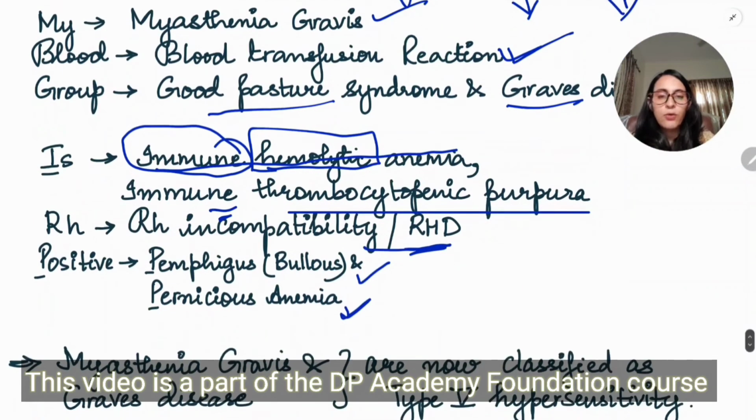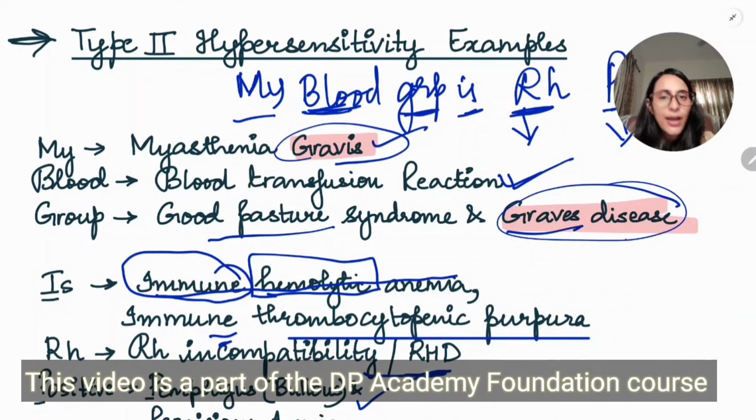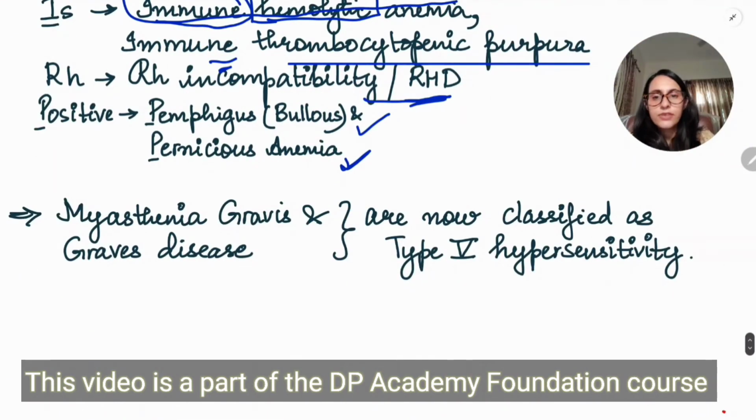Now, myasthenia gravis and Graves' disease, both of these now come under type 5 hypersensitivity reaction. Why? Because, see, what is myasthenia gravis? In myasthenia gravis, the antibody is against the acetylcholine receptor.